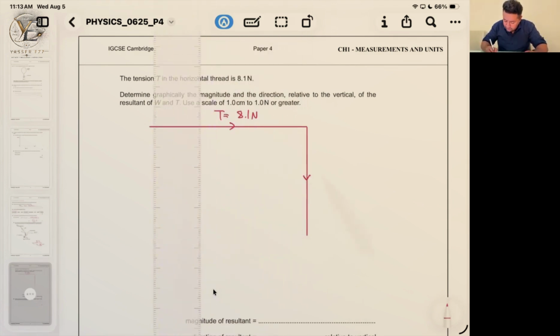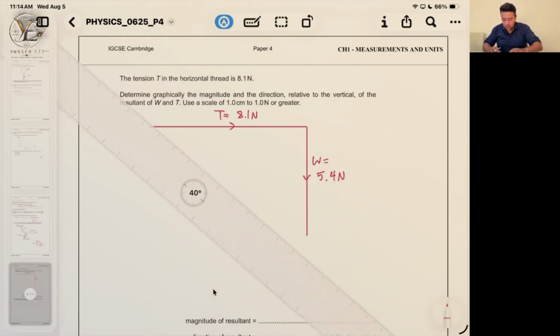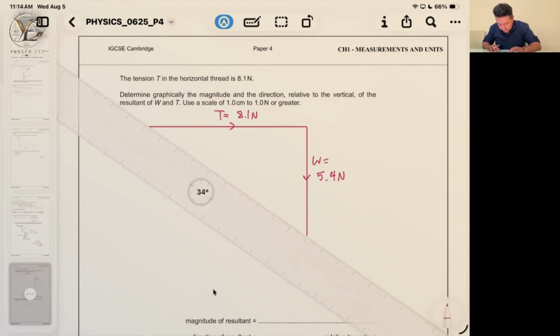So here W equals 5.4 Newtons, or 5.4 centimeter. Then I'm going to measure this. And I'm going to measure the length, and then I'm going to multiply it by the scale.